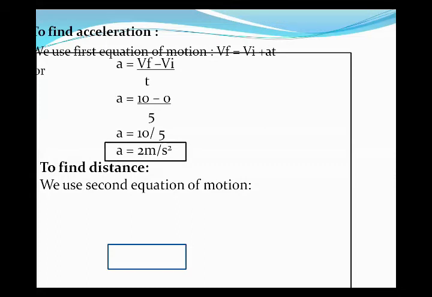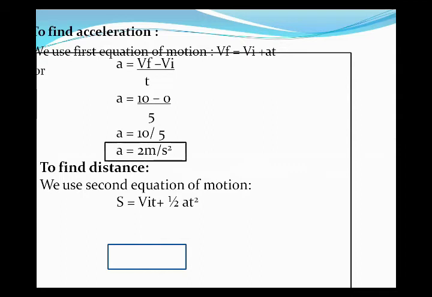According to the second equation of motion, S is equal to VIT plus half AT square. Here VI is given, time is given, and acceleration we have found. So we can apply the second equation of motion, as well as the third equation of motion, because in that situation we also have the acceleration, the final velocity, and the initial velocity.